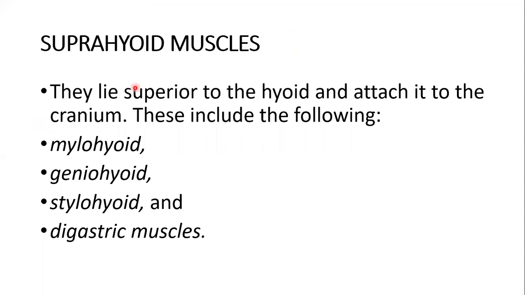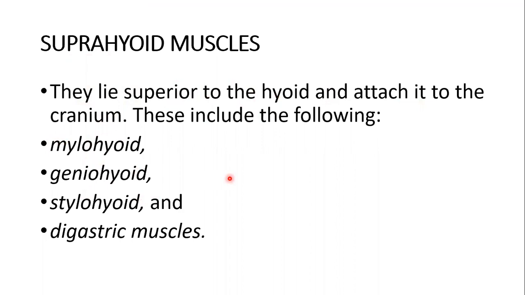These four muscles are collectively known as the suprahyoid muscles, lying superior to the hyoid and attaching it to the cranium. They are the mylohyoid, geniohyoid, stylohyoid, and digastric muscles.